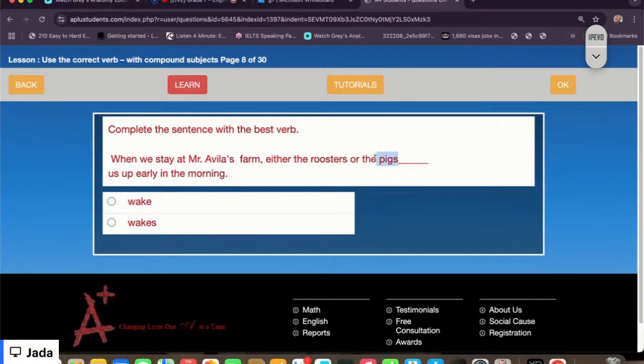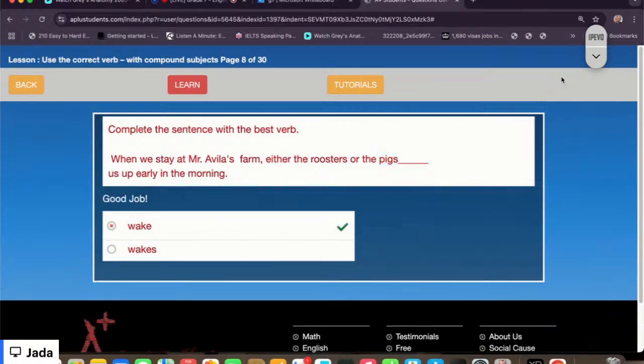So we have pigs here. That means it's a plural subject. So we will have what? Plural verb.